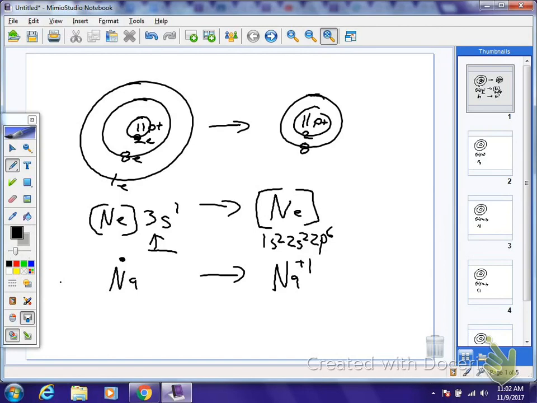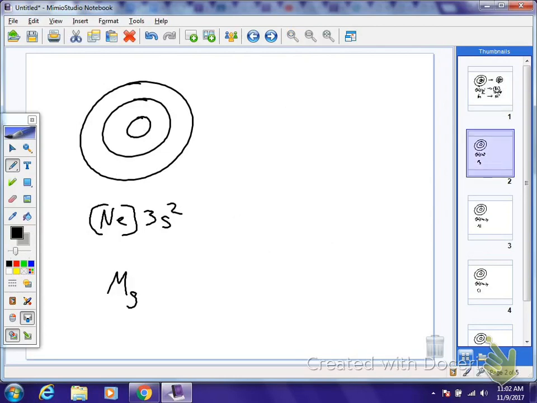All right. Now, below this, this is going to have all those levels full up. So, you don't have to do this one. I'm just going to do magnesium because it's there also. So here's magnesium. Magnesium, I think, is 12 protons in the middle. And it's got 2, 8, and 2. And this one would be 3s2, and then we've got the 2 dots. So what's going to happen to magnesium?